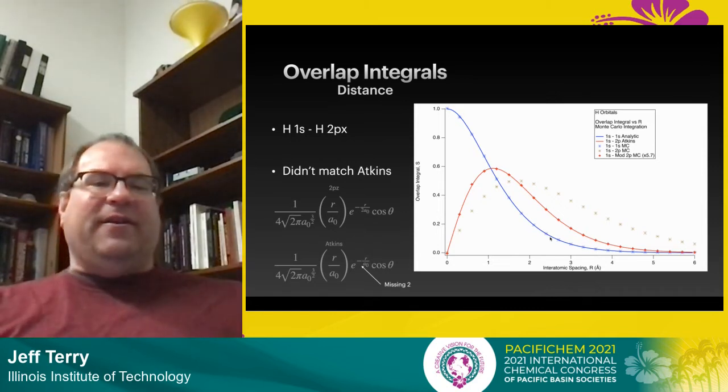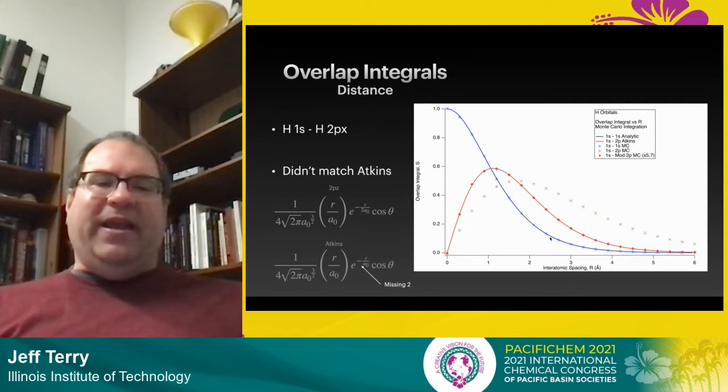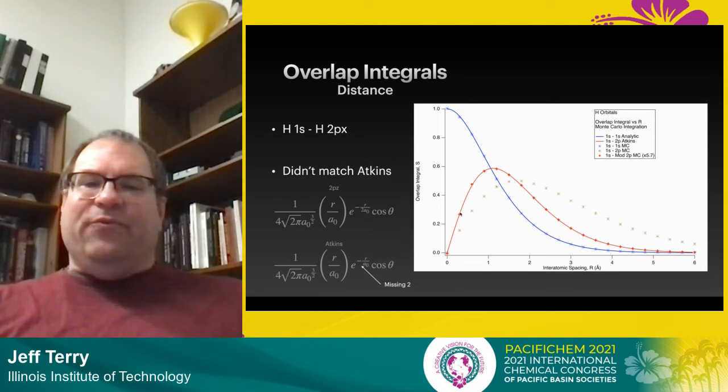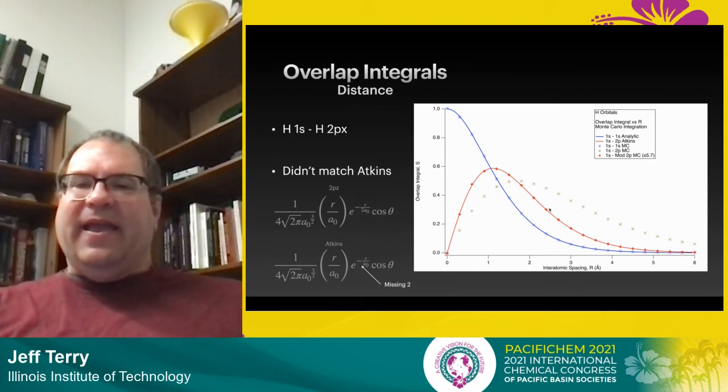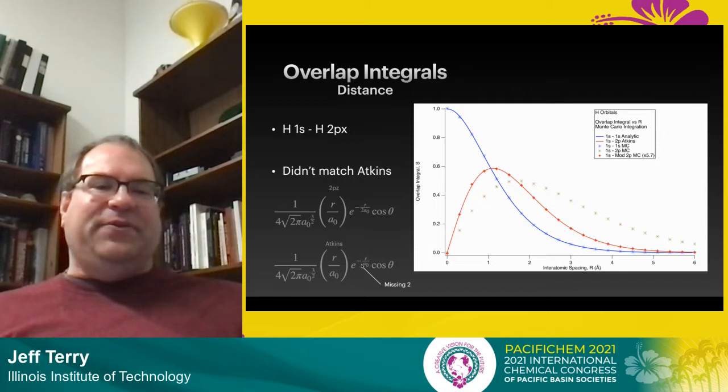And so we started looking at this and what could cause this. And so we made up our own orbital. And we were able to reproduce the red Atkins curve with this modified 2p orbital that's missing a factor of 2 in the exponent.